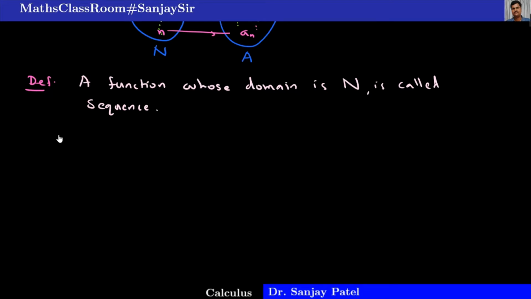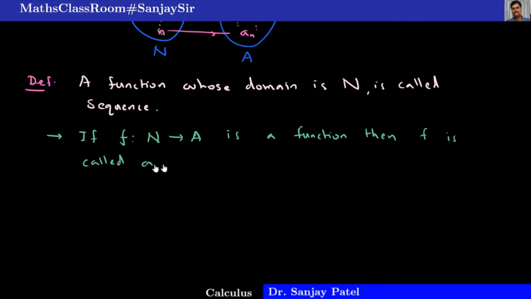I can also write this way: if f is any function from N to A, then f is called a sequence.